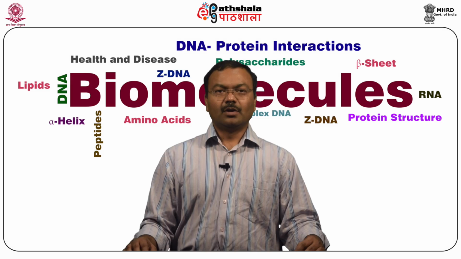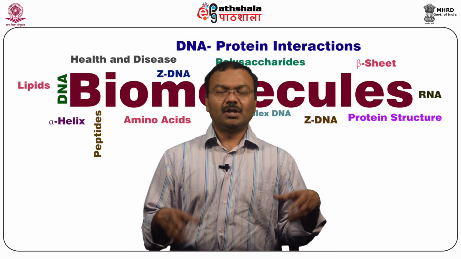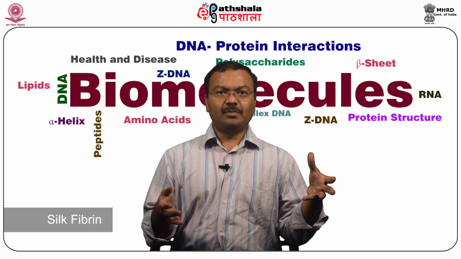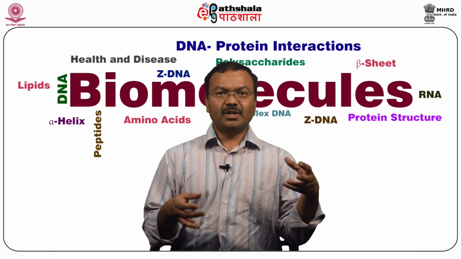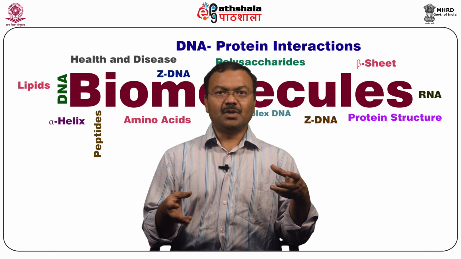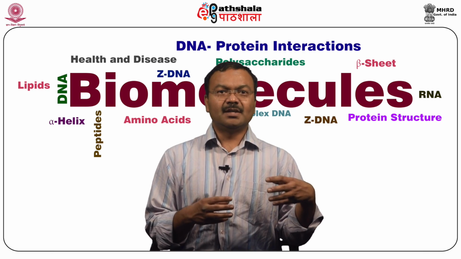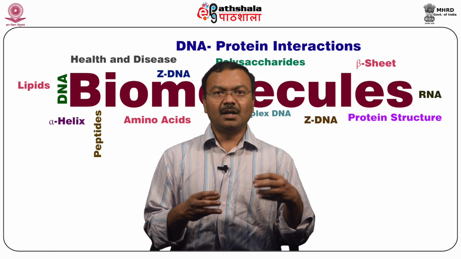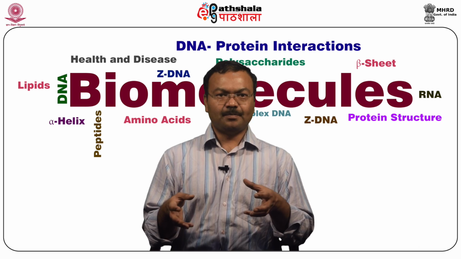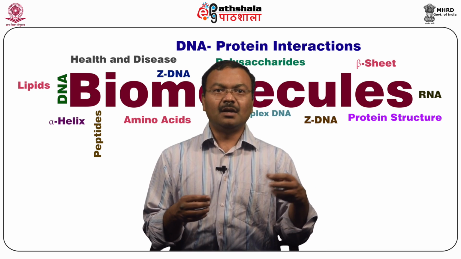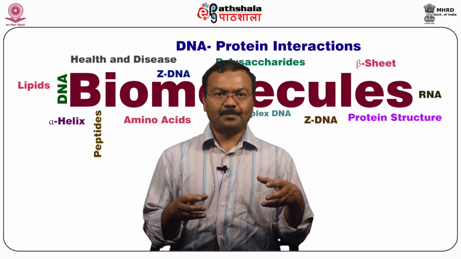Now we will discuss the beta sheet containing fibrous proteins, the silk fibroin. The spiders generate 7 distinct fibers by drawing liquid crystalline proteins from a set of separate gland spinneret complexes. The proteins produced inside these glands are called silk fibroins.